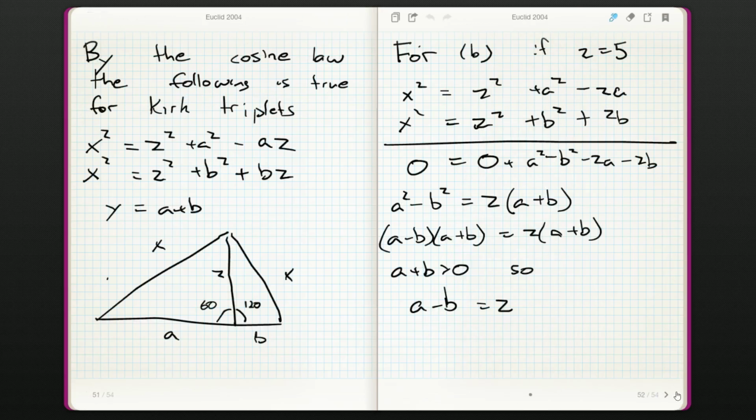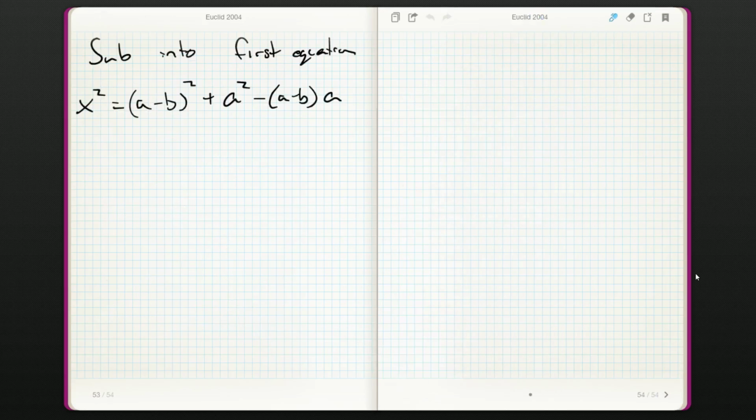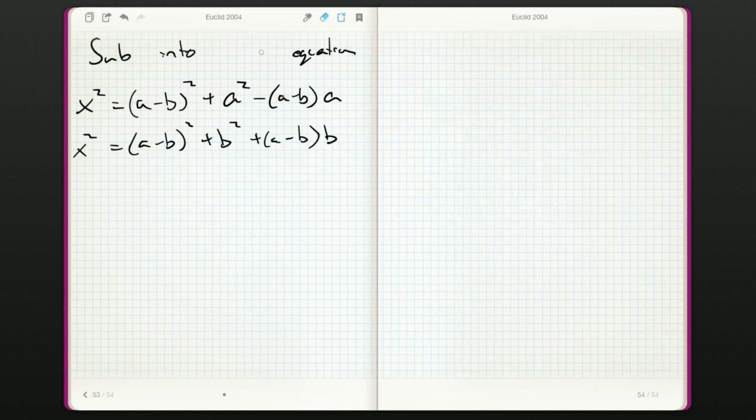I suppose we could also plug into the second equation, too. Will that help us? I doubt it. I'm spinning my wheels a bit here. So I might say sub into our equations.